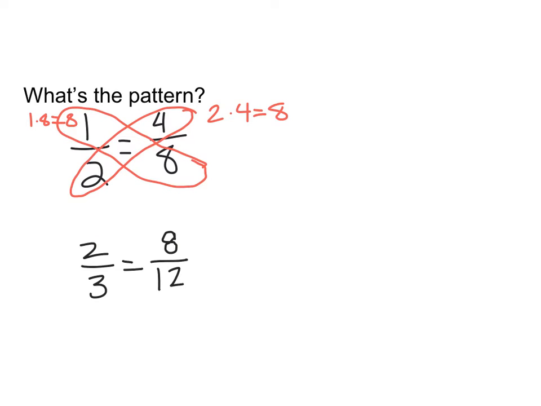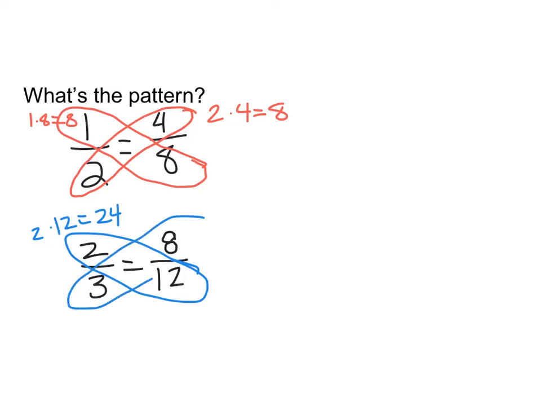All right, let's say that 2/3 equals 8/12. This is true. Well, let's look at the diagonals again. This time, when I do 2 times 12, I get 24. And then here, when I do 3 times 8, I get 24.